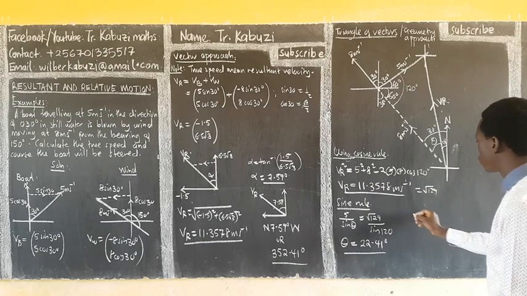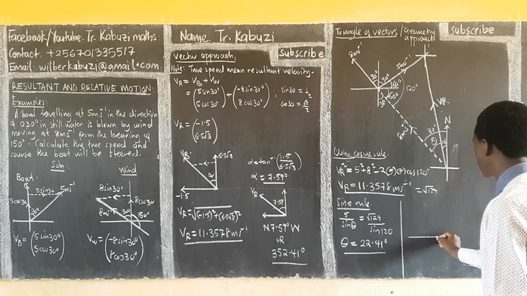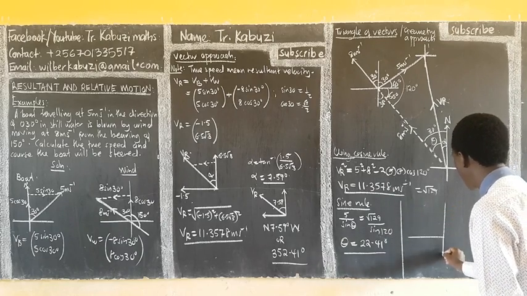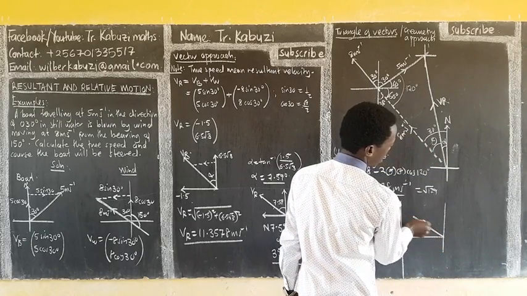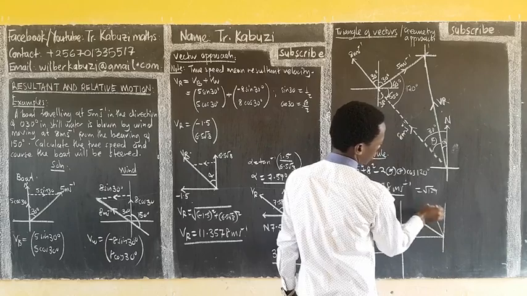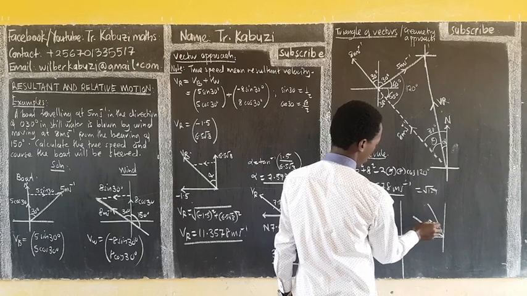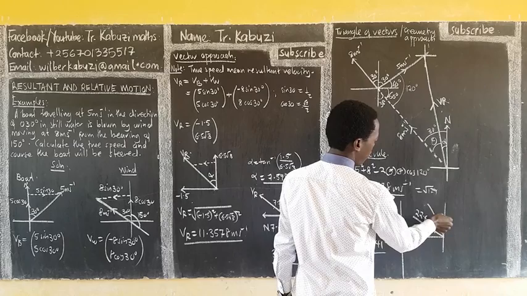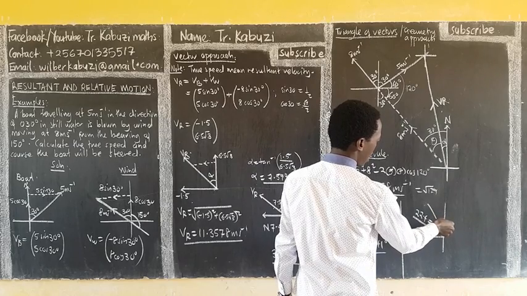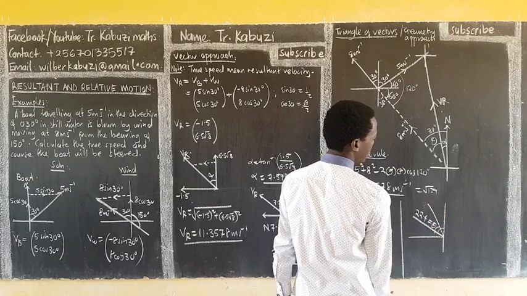So this 22.41 degrees is for this angle. If I put it in the bigger picture, this is our theta, which is now 22.41. The whole of this angle from here up to here is 30.